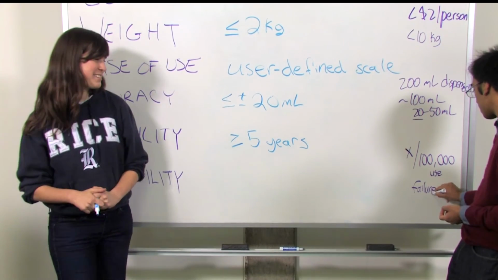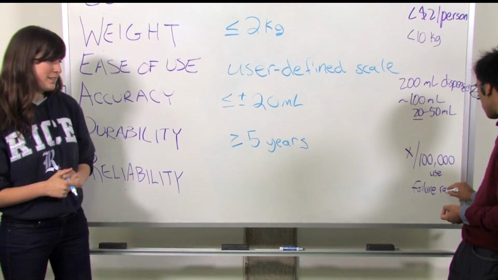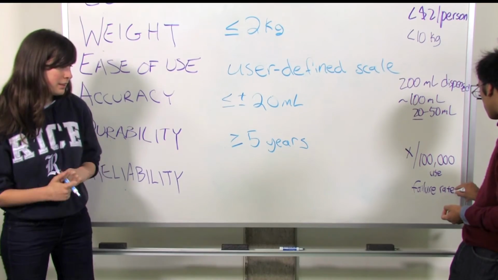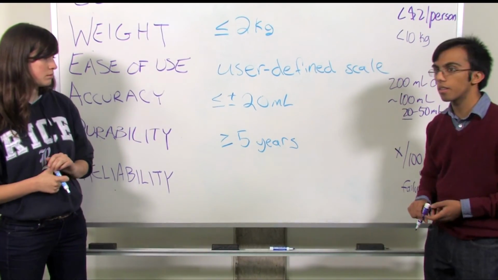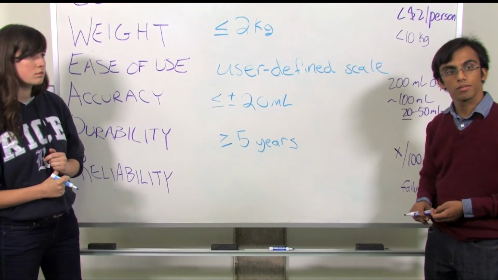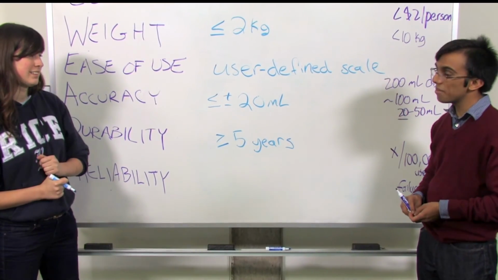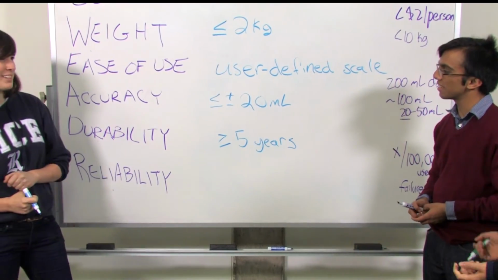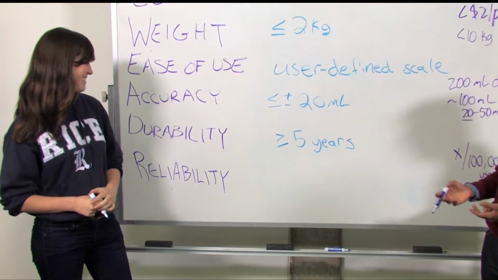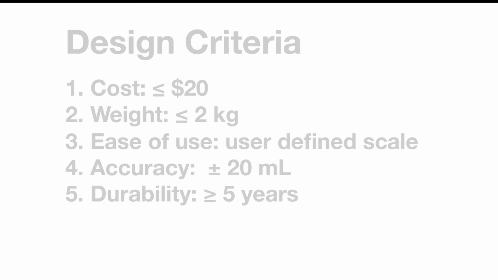It's impossible to have a 0% failure rate. If you're going with 100,000 uses, maybe 10. Is 10 too much? That's like 10 people. I would try maybe 1 if we can. Okay, get as close to 0 as possible.